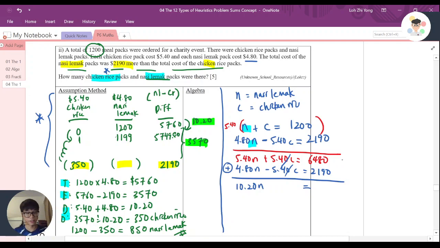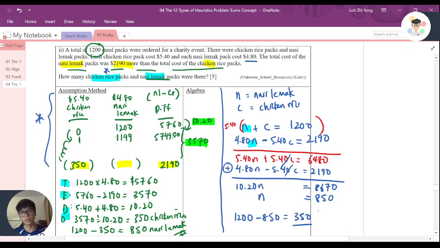Pressing the calculator, 6480 plus 2190 is 8670. Now I know that 10.20n is equal to 8670, so n will be 8670 divided by 10.20, which is 850. For the chicken rice, just use 1200 minus 850.